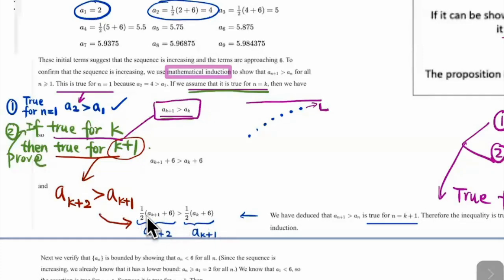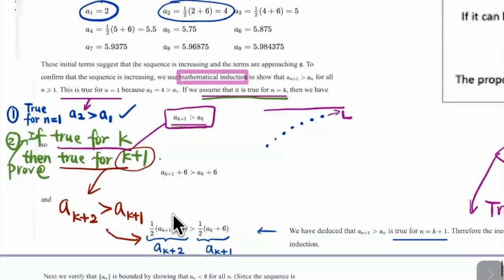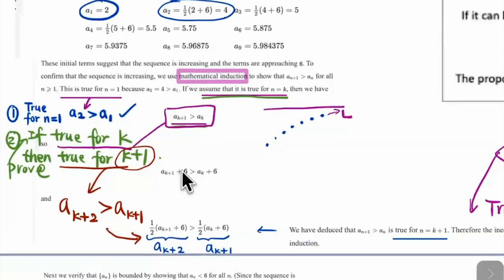But here, you can relate to a of k plus 1. This one here is related to a of k plus 1 by this way, that is a of k plus 1 plus 6 first. So you're going to add 6 to both sides of this inequality.